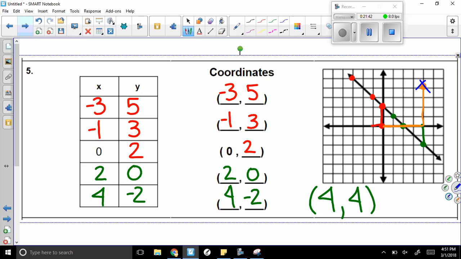So when you start seeing tables and they ask you to start matching them to graphs, we're going to talk about that more. (4, 4) would not work, so therefore the table wouldn't work for my graph. So we've got to think that things are matching, so it has to be a point on that graph.